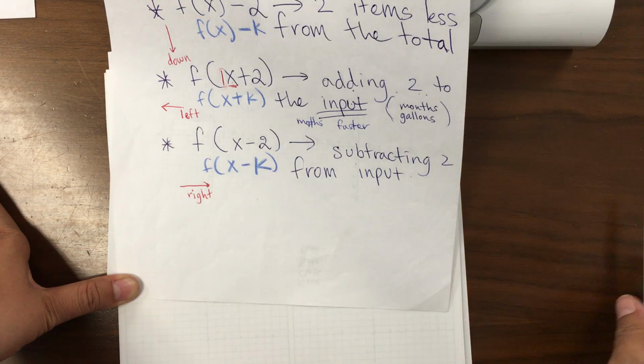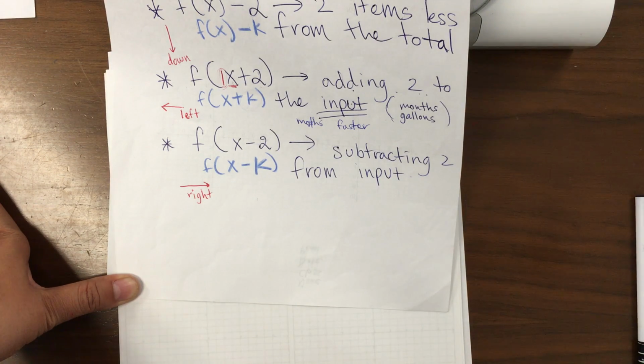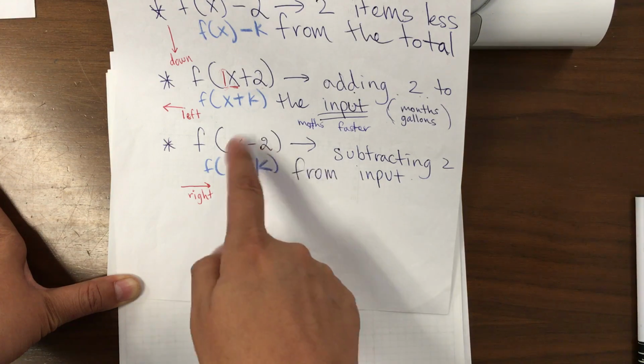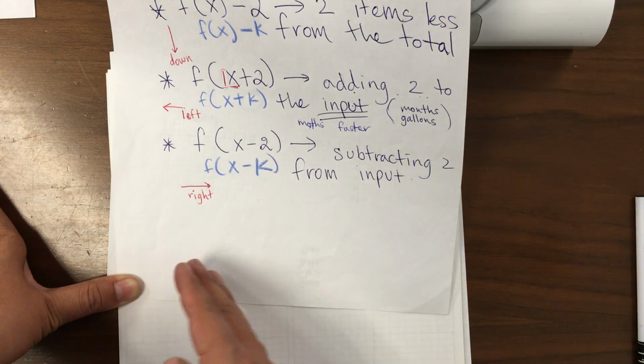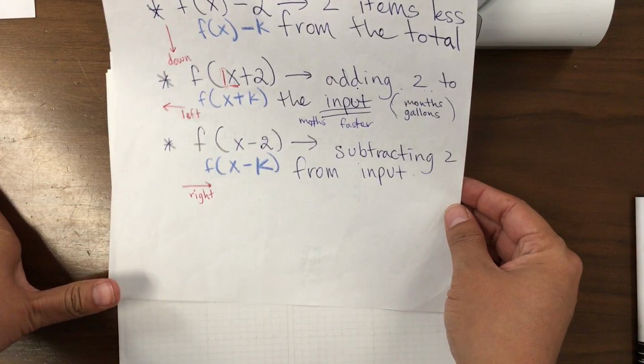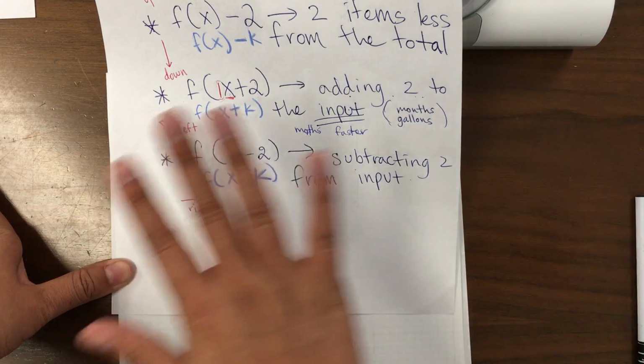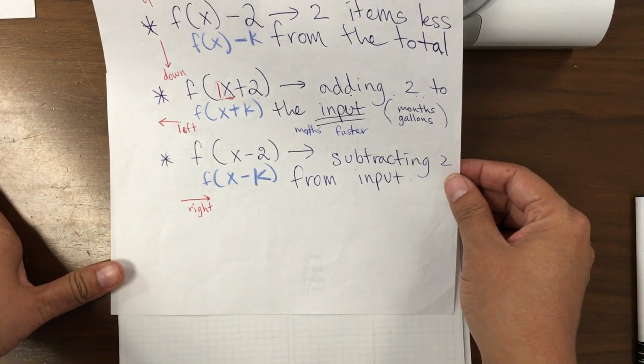For example, if you don't pay 2 months of bills, then you're 2 months behind. If you don't buy shirts and you plan to buy shirts every month, but then there are 2 months that you didn't buy, you're 2 months behind. Okay, so that's what it means, and that's why it basically translates the graph.